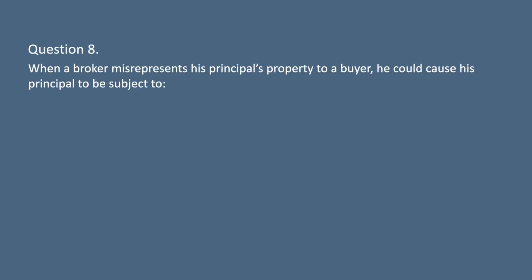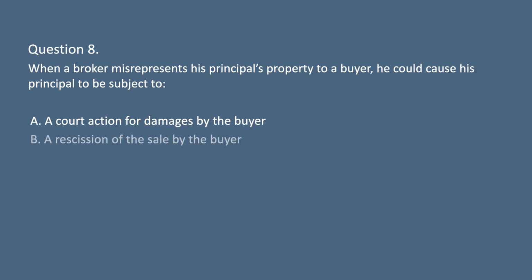Question 8. When a broker misrepresents his principal's property to a buyer, he could cause his principal to be subject to A. A court action for damages by the buyer. B. A rescission of the sale by the buyer.